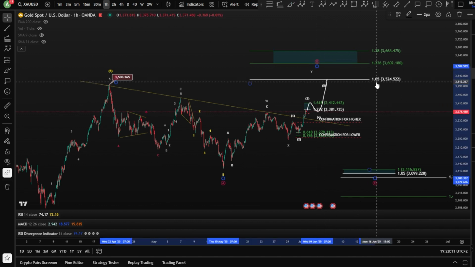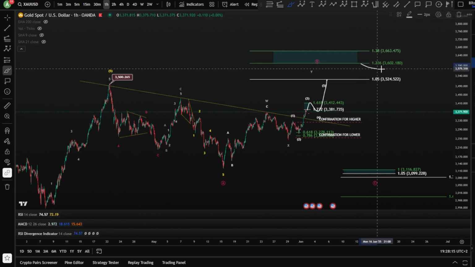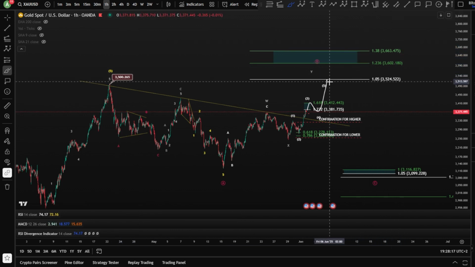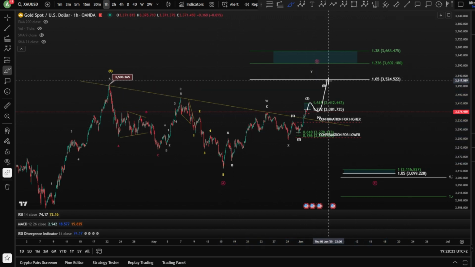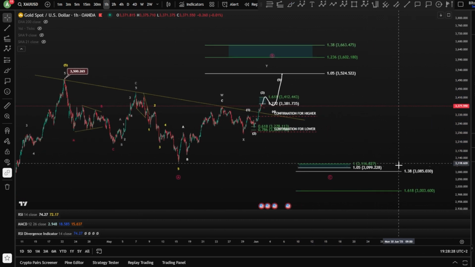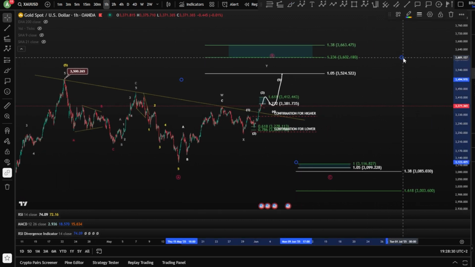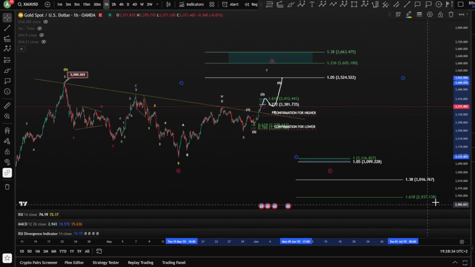This is the first common target for a wave B. I would say uncommon. The most common is taking the high, even much higher. So basically, in case that we are in ABC, it might end up at 1.05 and drop toward the downside, guys, for a 1.38 here, taken from this high, which might lower the targets much more to 3,000, 2,930.